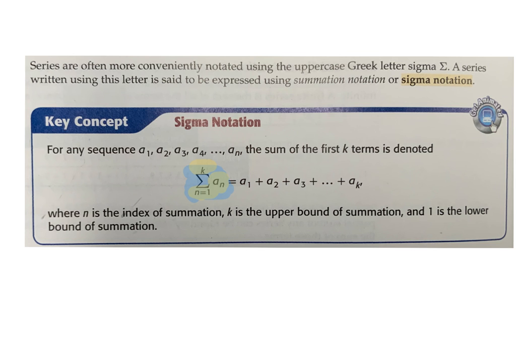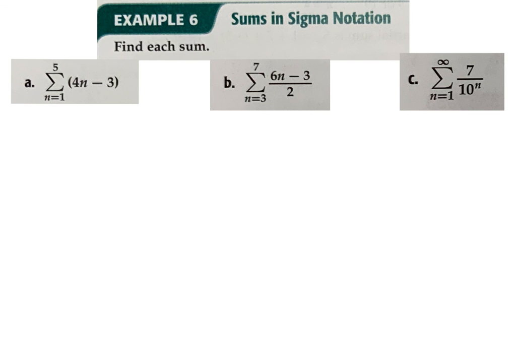So let's look at this example 6 here. Find each sum. For this first one, they want me to start with the first term and end with the 5th term, and they've told me how to find all the terms. So my first term is 4 times 1, which is 4, minus 3, which is 1. Plus my second term, 4 times 2 minus 3, that's 8 minus 3, 5.